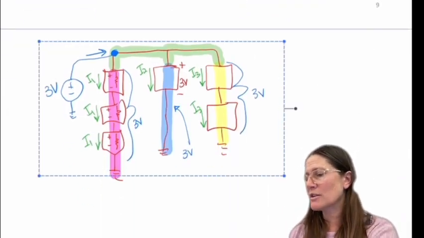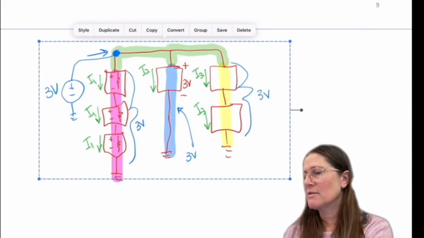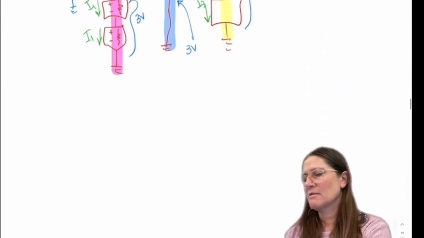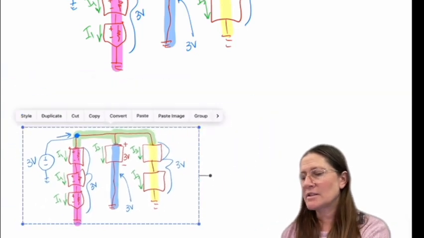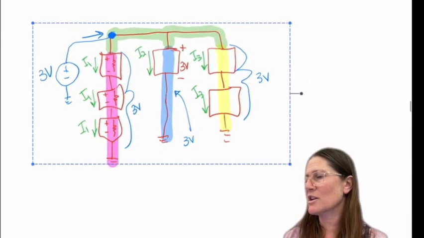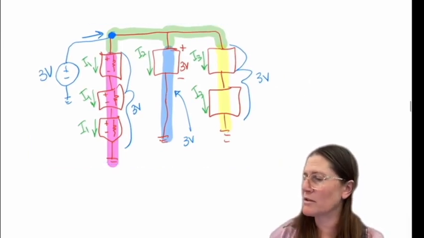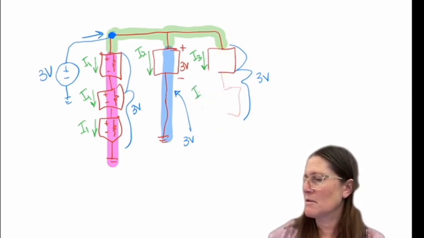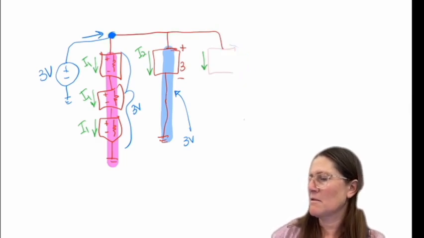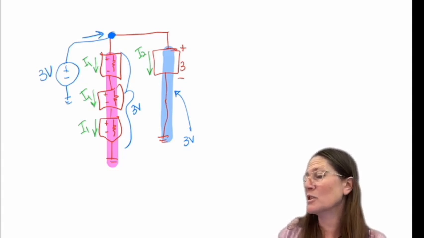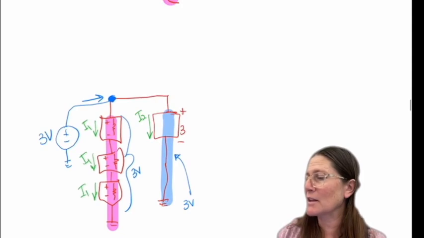I could redraw this. And instead of having nice straight branches here, I want to draw this one a little bit weird. So I'm going to make this branch a little different.